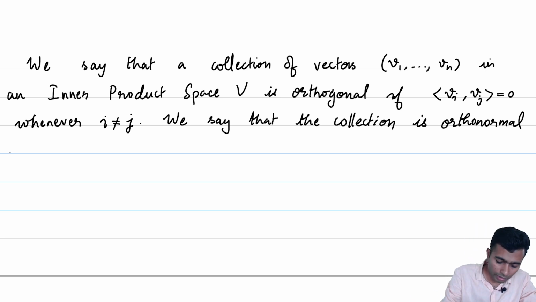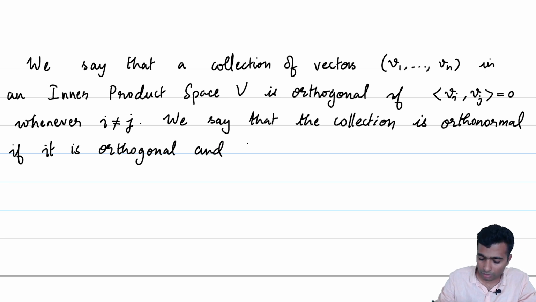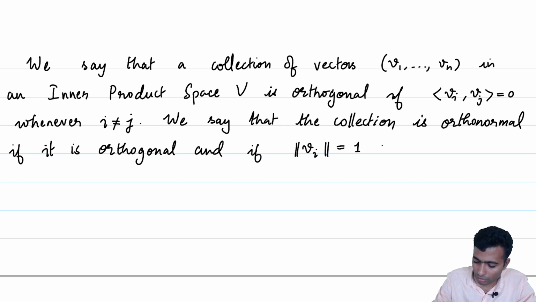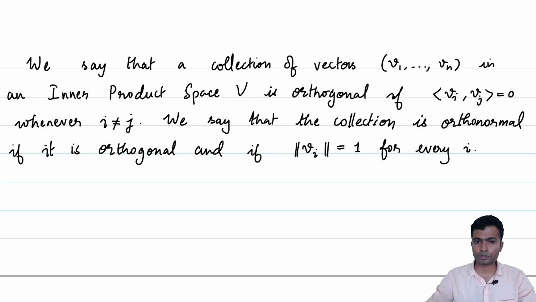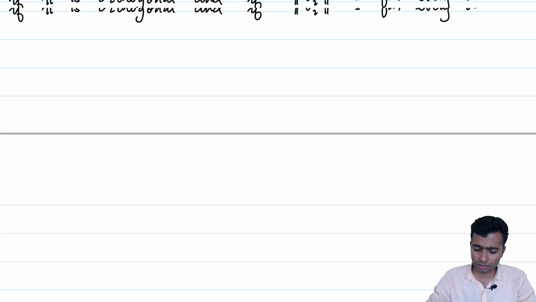It is orthonormal if it is orthogonal and if the length of vi is equal to 1 for every i. So it's not just enough for the vectors to be pairwise orthogonal, but the length of the vector should also be 1. So let's look at a few examples.